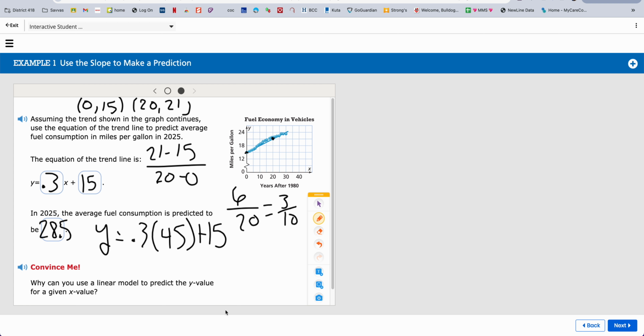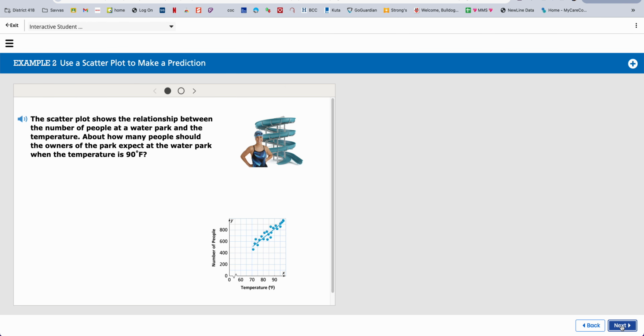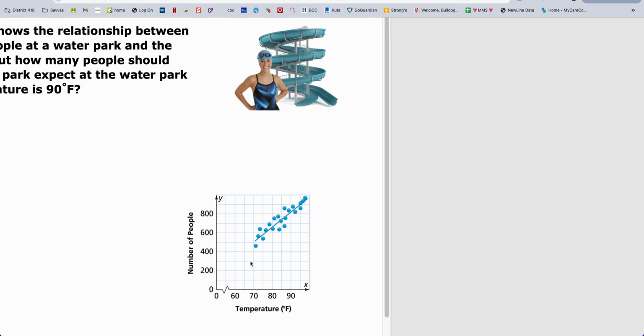All right. Moving right along. Example 2. So the scatter plot here shows the relationship between the number of people at a water park and the temperature. About how many people should the owners of the park expect at the water park when the temperature is 90 degrees? Guys, do we even need to write an equation for this?